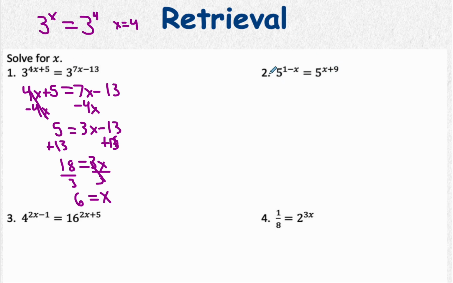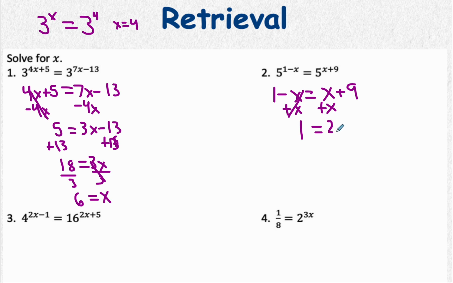Looking at number 2, then it's the same idea. My base is 5 for both of them. When my bases are the same, that means the exponents must be equal to each other. Okay, so I can just set the exponents equal to each other. So 1 minus x is equal to x plus 9. And now I can solve. So I'm going to go ahead and move this x here. Since it's subtracting, I'm going to add it. So the left side, I just have 1.